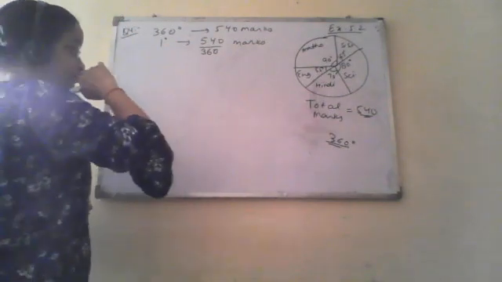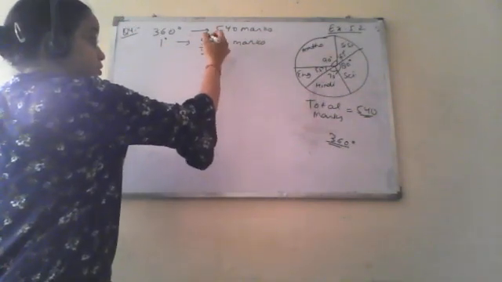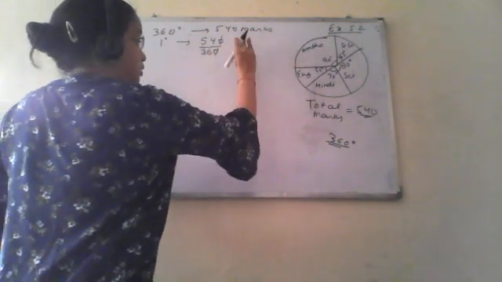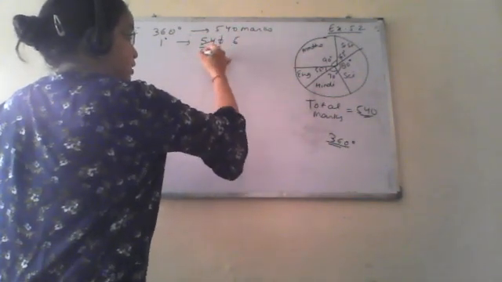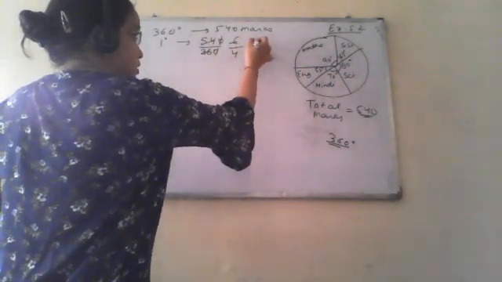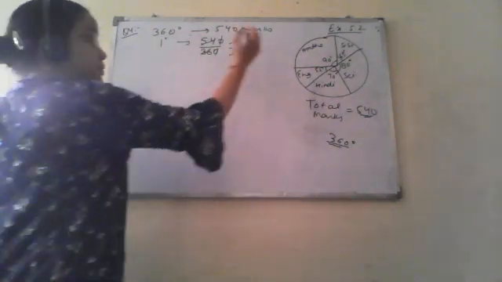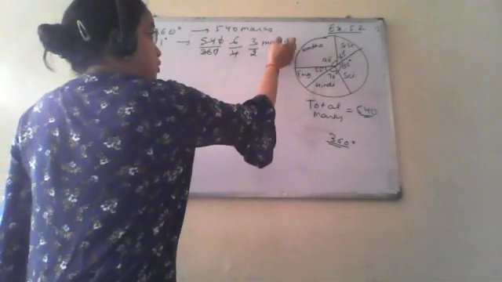So 9 6 are 54, 9 4 are 36. Further it is 3 by 2. Okay. So 1 degree represents 3 upon 2 marks.